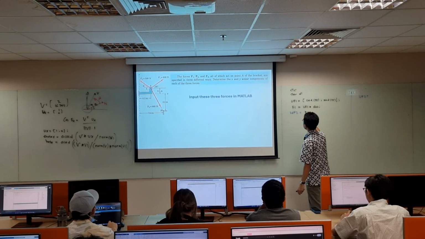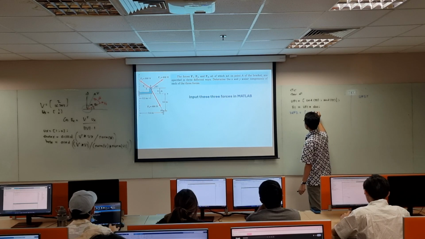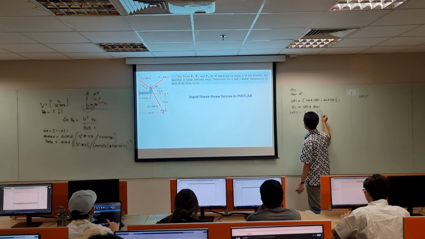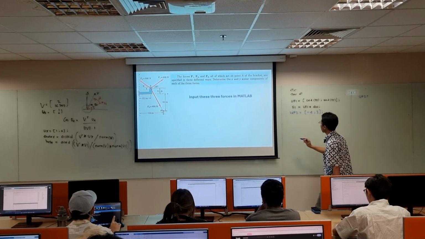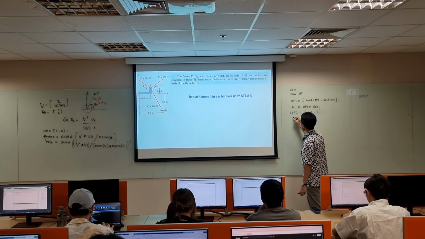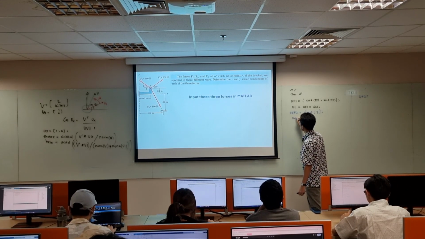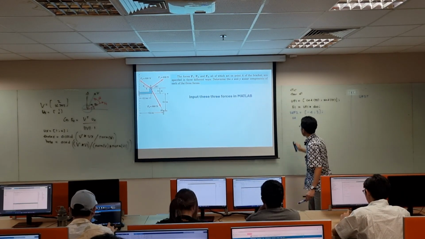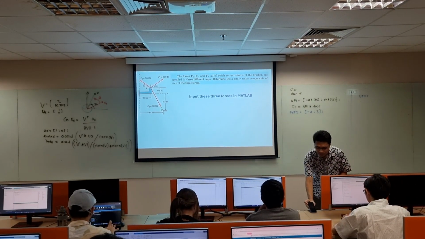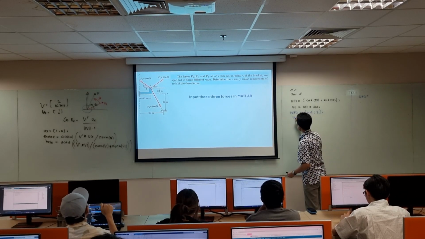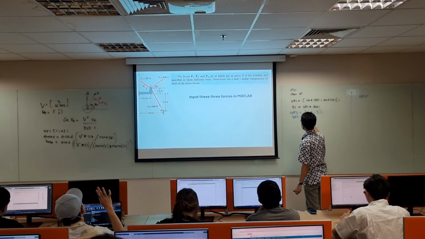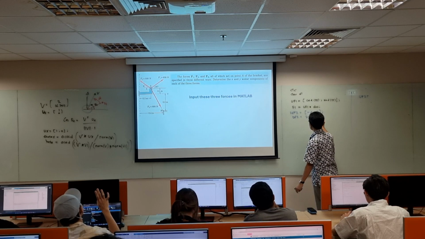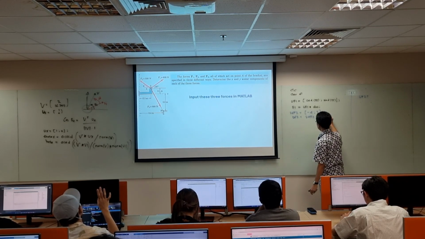We have minus 4 and then 3, and then divide by the norm to get the unit vector. UF2 is the dummy vector VDF2 divided by the norm of VDF2.